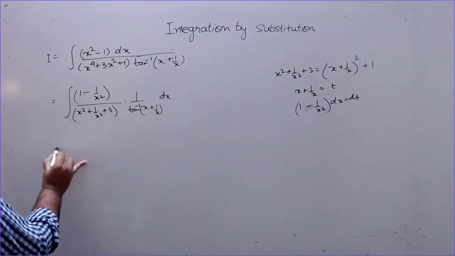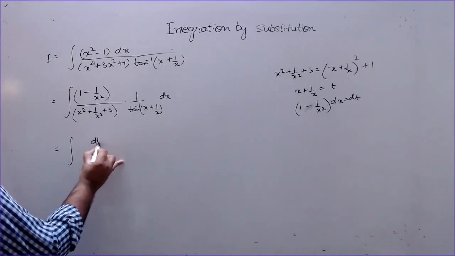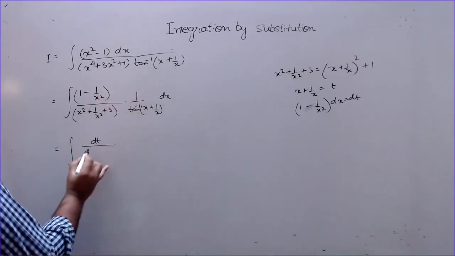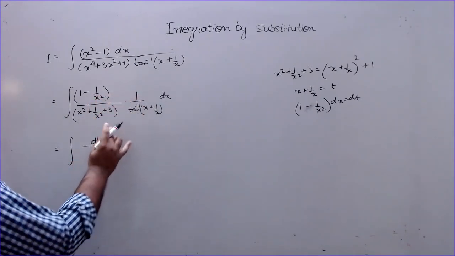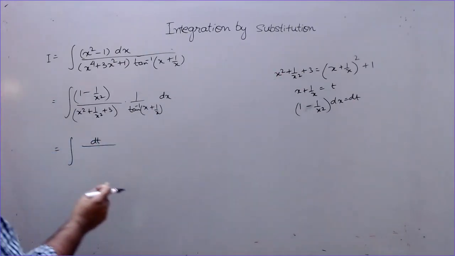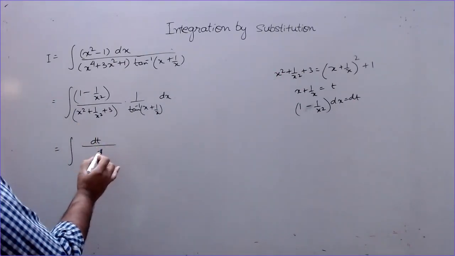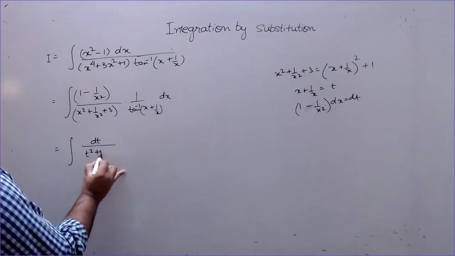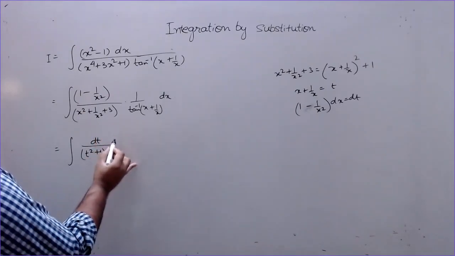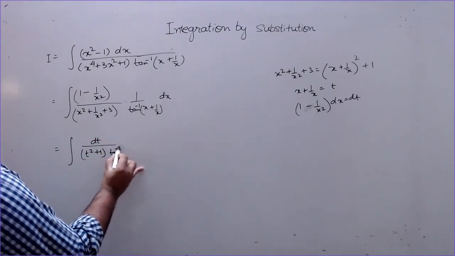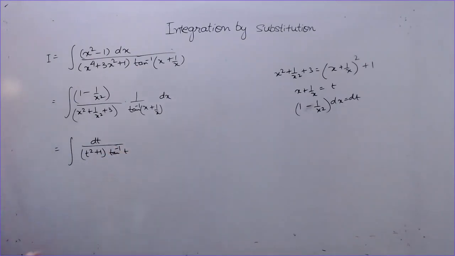So the integral becomes dt divided by, you will write here x plus 1 by x whole square plus 1, so t square plus 1, and tan inverse of t. Now the problem again involves two functions, f(x) and g(x).